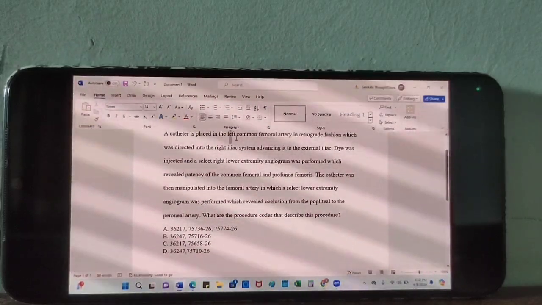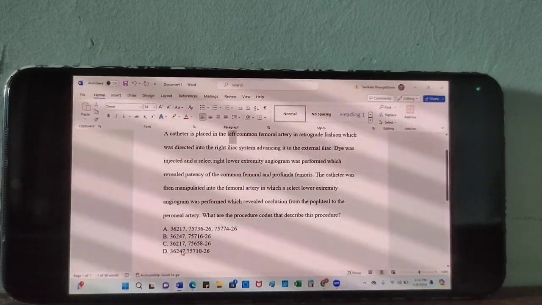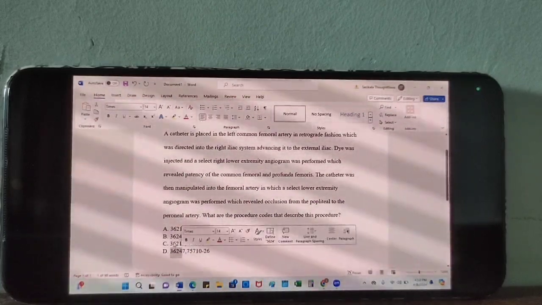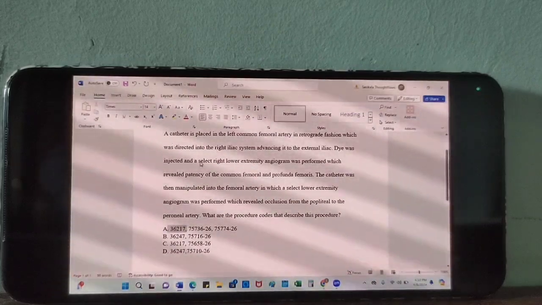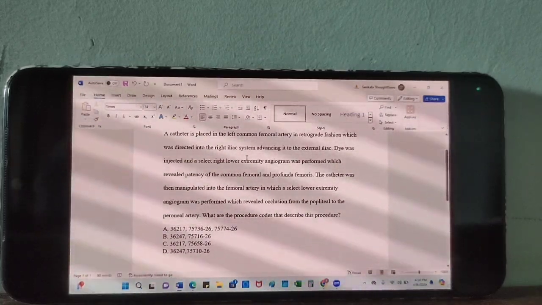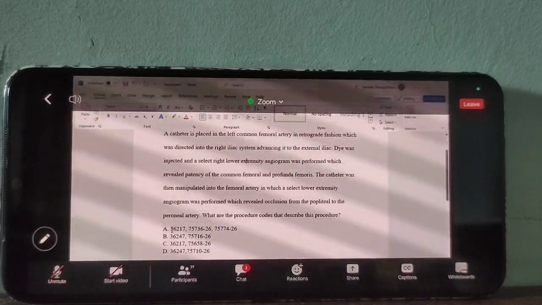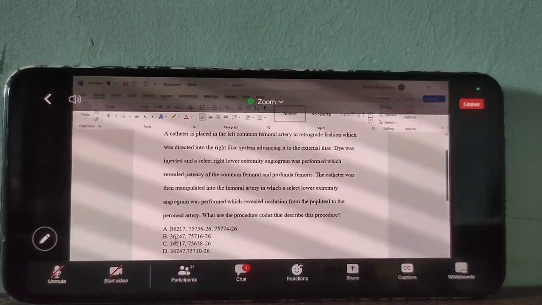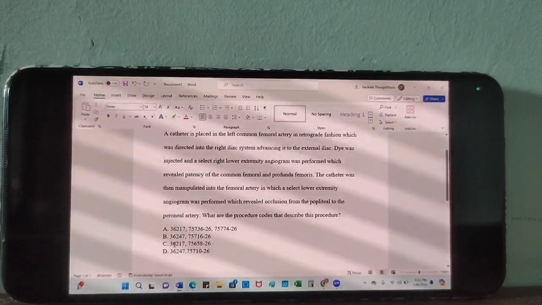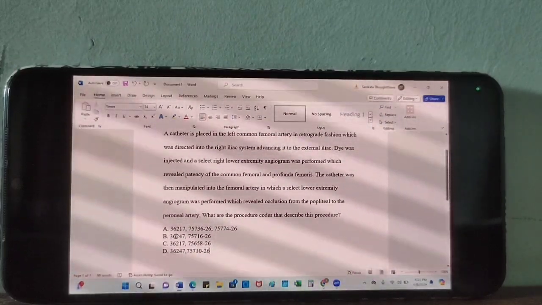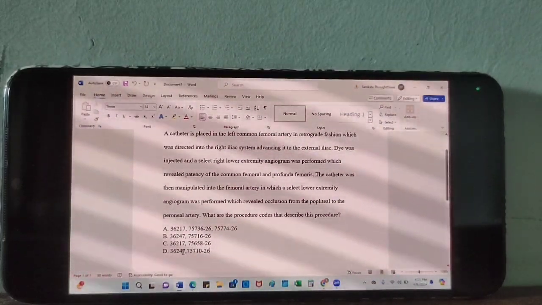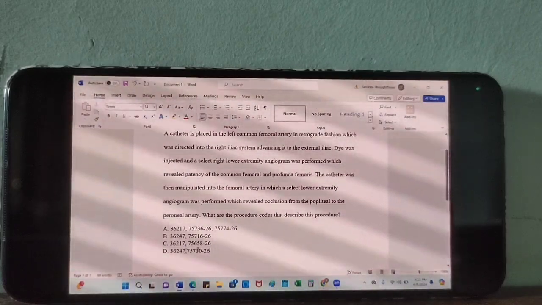So that's why 36247 is correct. 36217 is thoracic or brachiocephalic, but the catheter is placed at the lower extremity. That's why options A and C are ruled out. Now the options will be 36247 and option B or D.